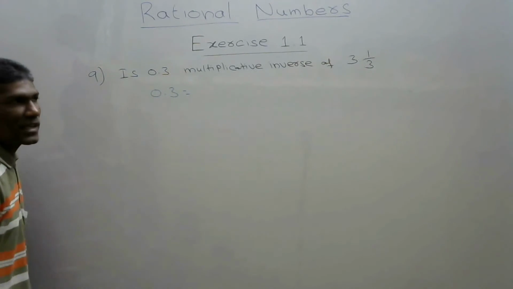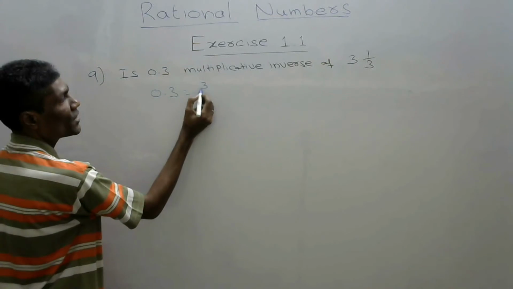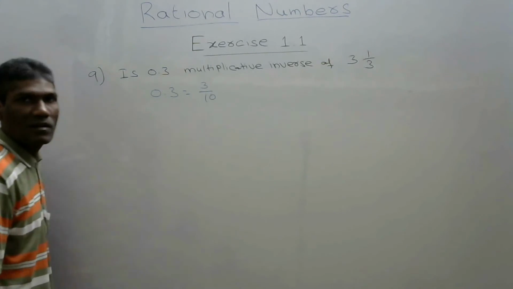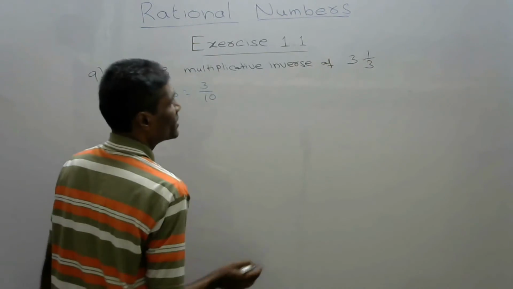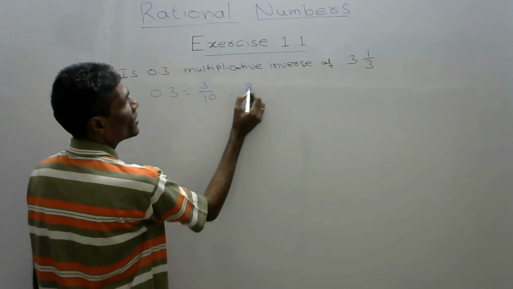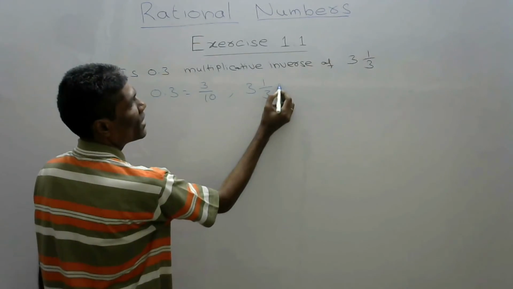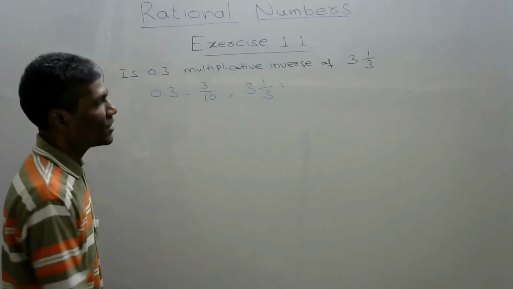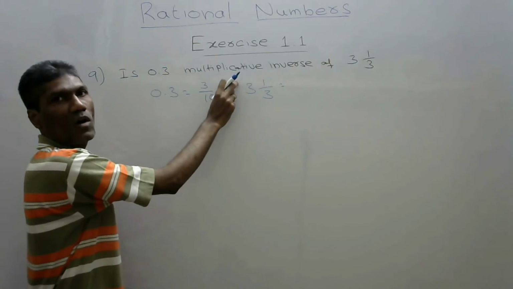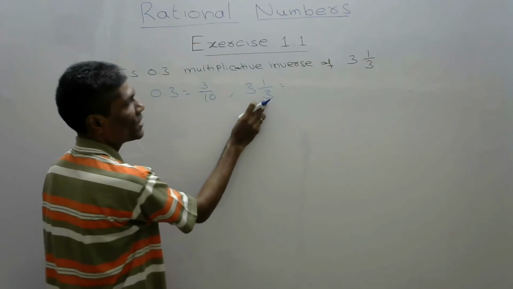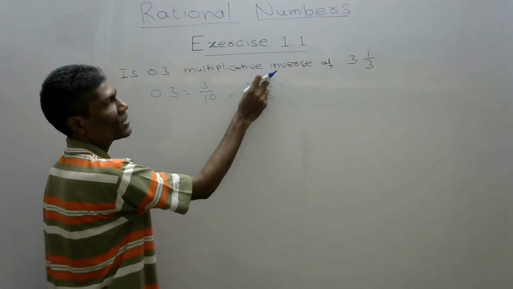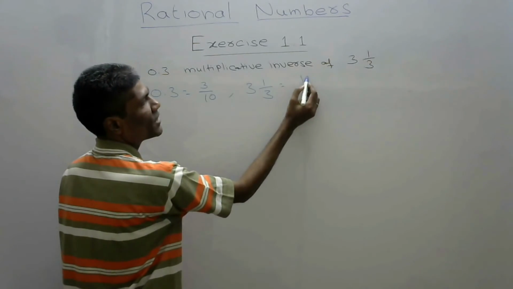This 0.3 can be written as 3 by 10. Then 3 1 by 3 is a mixed fraction. First, let us convert it into an improper fraction. 3 3s are 9, 9 plus 1, 10 by 3.